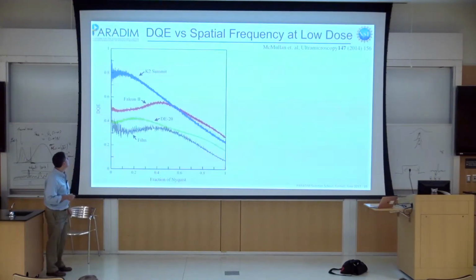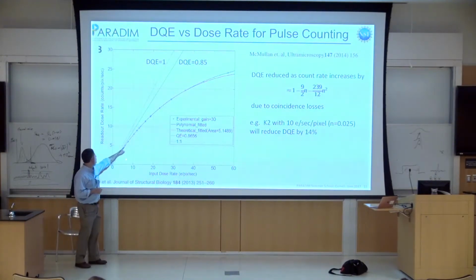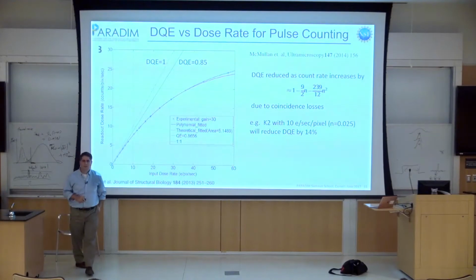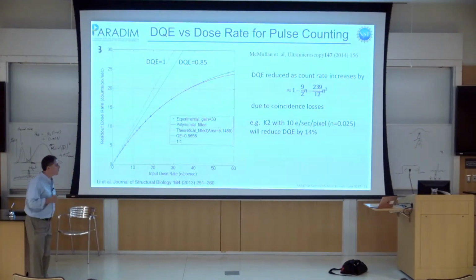The previous measurement gave a DQE of 0.8, and that's because they were probably measuring at a count rate about there. So the important thing to remember about pulse counting is it's great as long as you have nothing to count, and the efficiency goes down as counts start ending up on the detector.